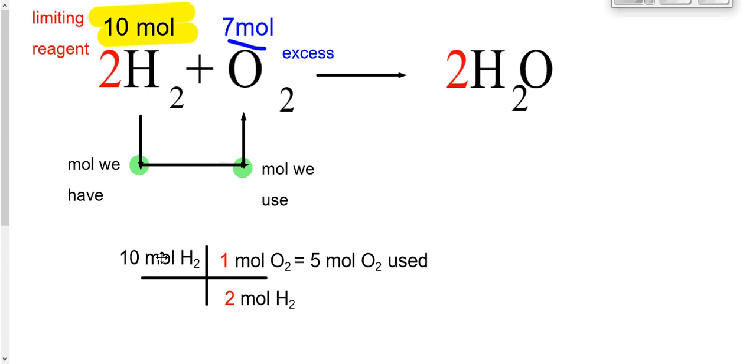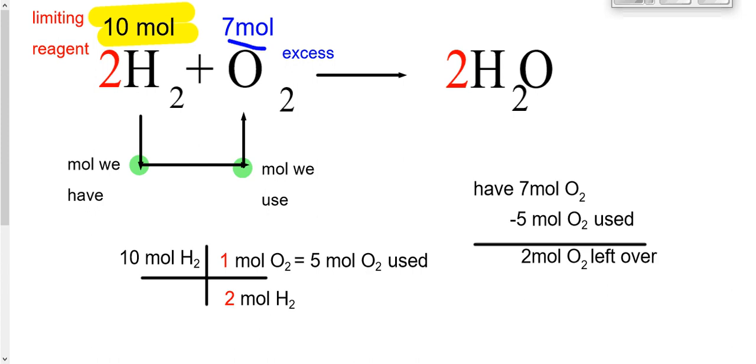Starting with what we know, we have 10 moles of hydrogen that will get used up. Because 1 mole of oxygen reacts with 2 moles of hydrogen, we'll use the 1:2 ratio from our balanced equation. We see that 10 divided by 2 will give us 5 moles of oxygen will actually get used.